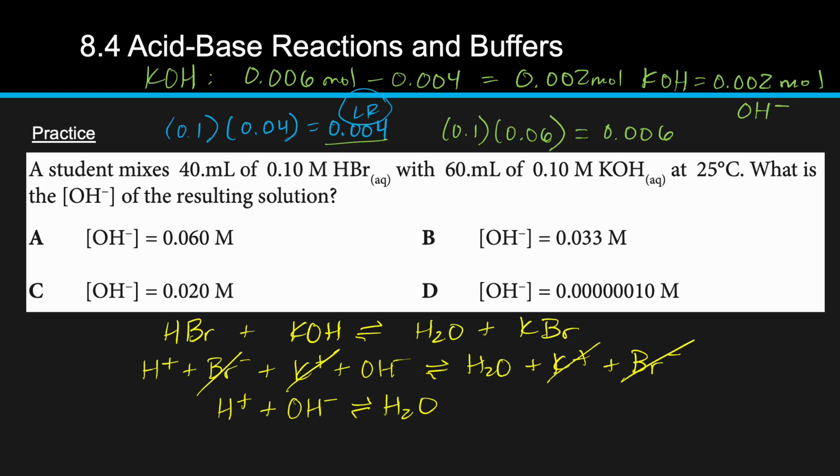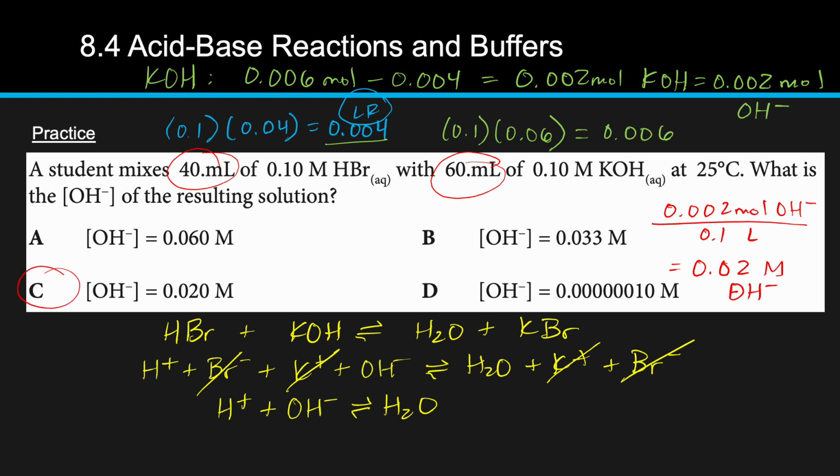Now that I have 0.002 moles of hydroxide, I can get concentration of hydroxide by dividing it by the liters. And I know I have 60 plus 40 milliliters, which is 100 milliliters, or 0.1 liters. And so that gives me 0.02 molar OH minus, which is C.